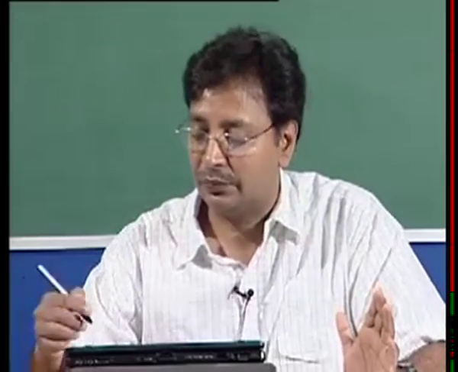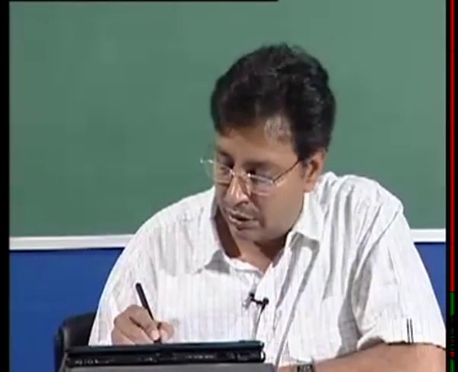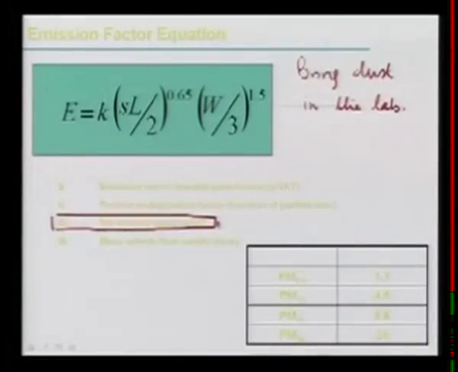Take some part of the dust, weigh the entire dust, and then find out the silt content in the dust that you have collected. This is done through sieving. You can pass it through a particular sieve, I think it is 200 mesh, and then you say how much was the content of the silt that was there.